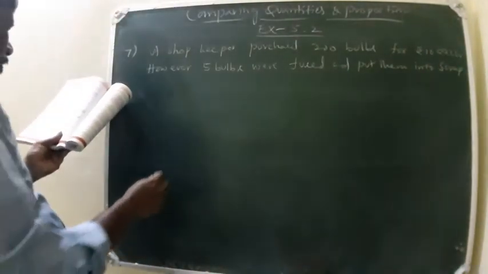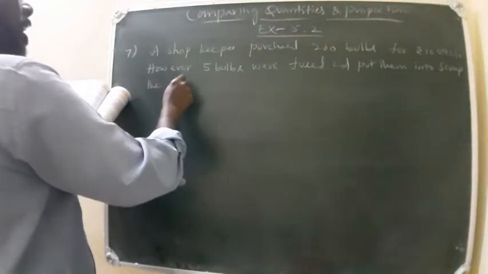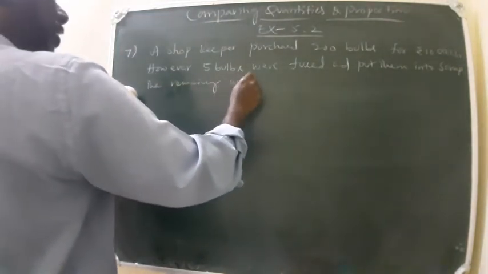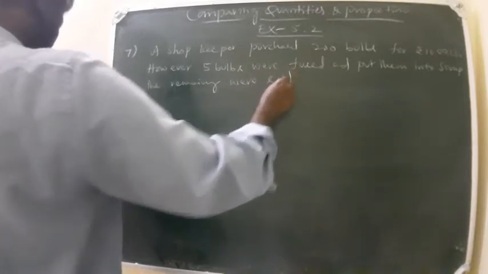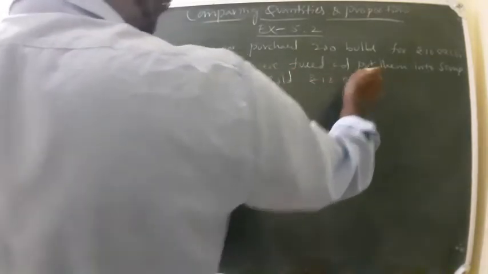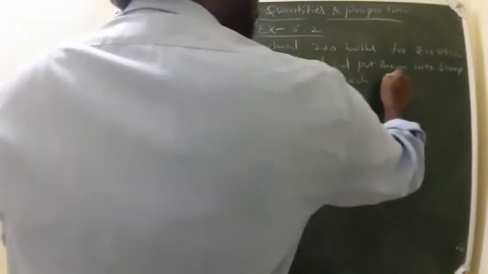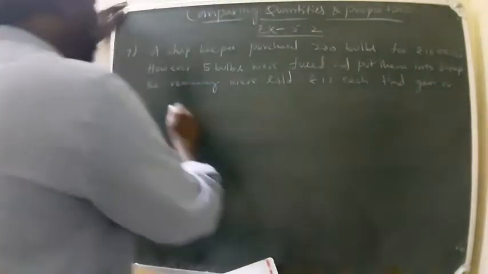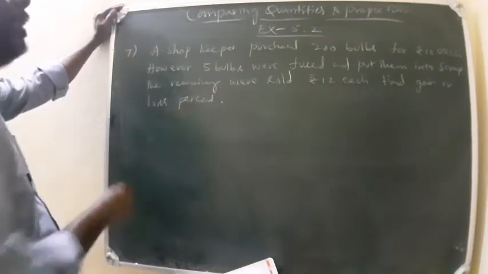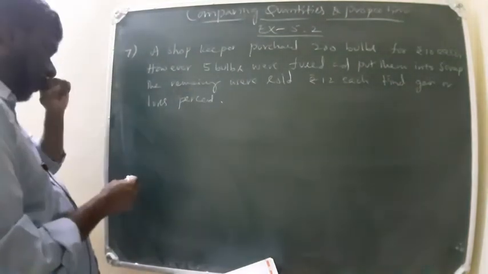Now the remaining were sold at rupees 12 each. Find the gain or loss percent.